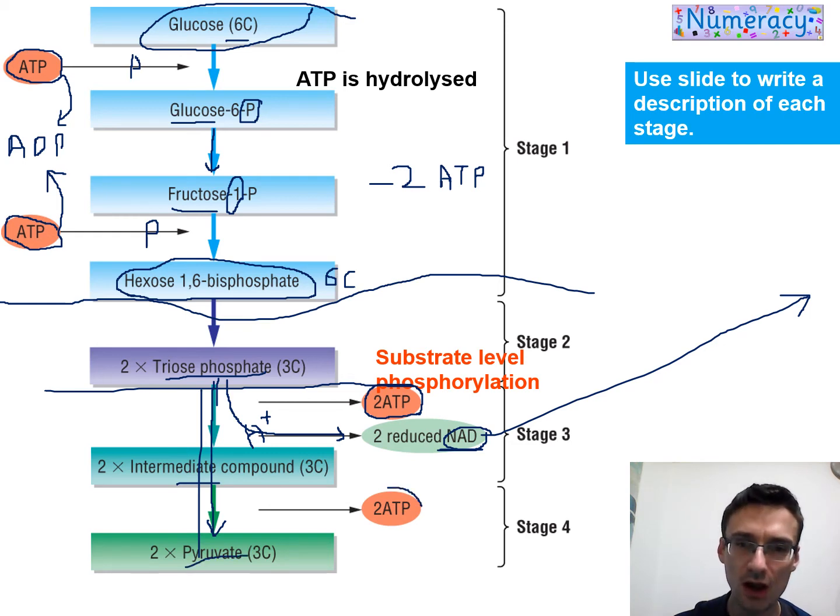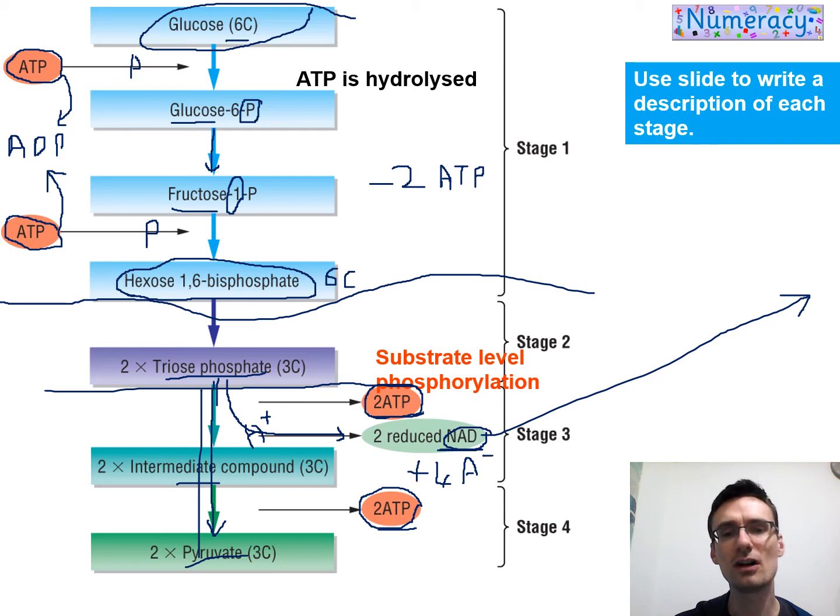And if you look at this, we've got 2 ATP being made in the middle here, and 2 ATP at the bottom. So that gives us, I suppose, a credit, if you think of it like that, of 4 ATP. But obviously, if you look earlier on in the reaction, we've used up 2 ATP.